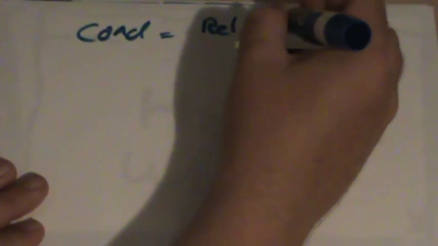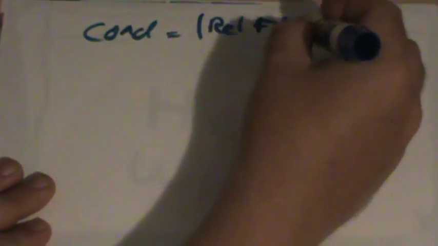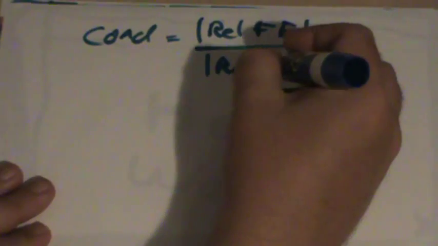we call this our conditioning, or the condition number, and we take a look at the change in the y, and we're going to do this as a relative value. So our relative forward error, taking the absolute value of it, divided by the relative backward error, and take its absolute value. And that's how we're going to define our condition number.